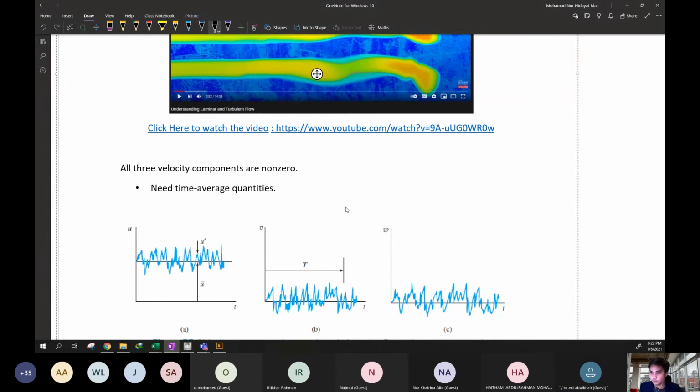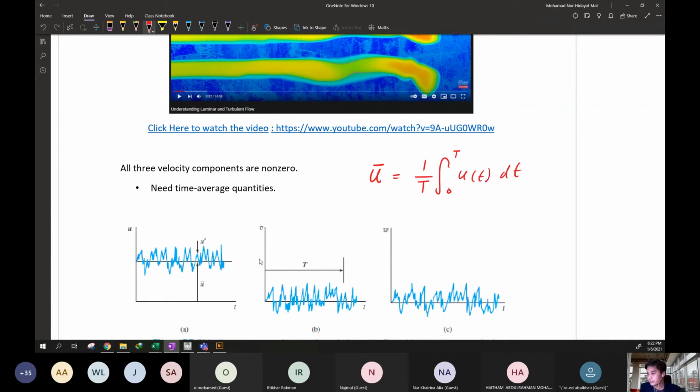It is hard to calculate when we have this kind of phenomenon, so we need to average all the velocity here. How to do the average? U average is equal to 1 over time, that means we do the time average, integration from 0 to total time of u of t dt.